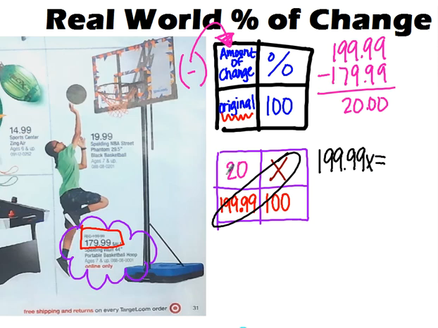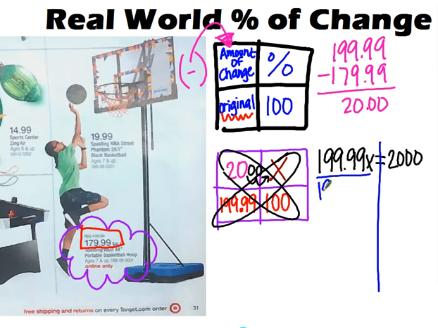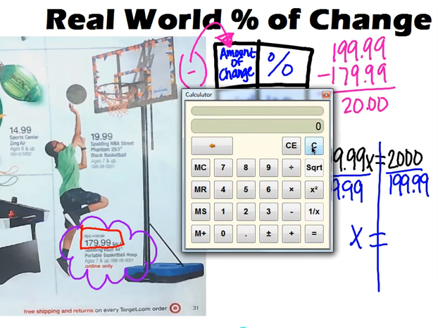Remember, when you multiply by 100, you can just move your decimal two spaces to the right. And that is what our equation is going to look like. So again, it is just a one-step equation, not super friendly numbers, but that's not a big deal for us. We're going to divide by 199.99 on both sides. And we'll use our calculator for that since it is real world numbers.